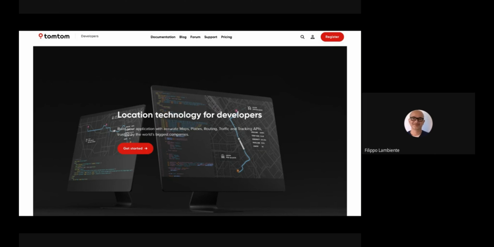And the revenue of TomTom in this case is generated directly by the use of this API. And now more and more, the revenue generated from this stream is bigger than the traditional revenue generated by the hardware navigator stream. This highlights the fact that APIs can really change the business of an organization.